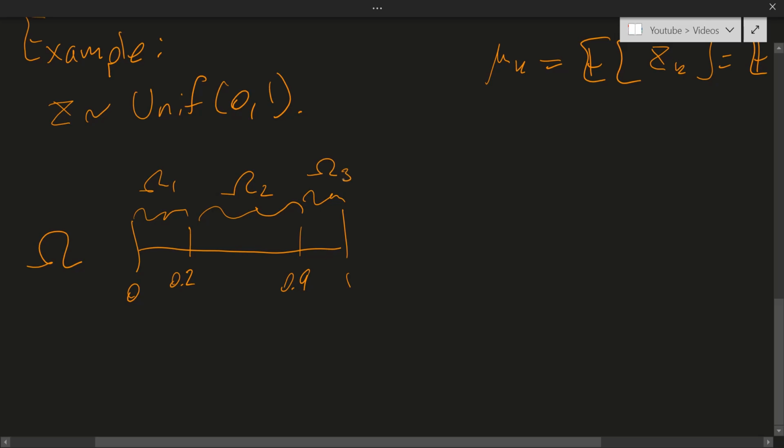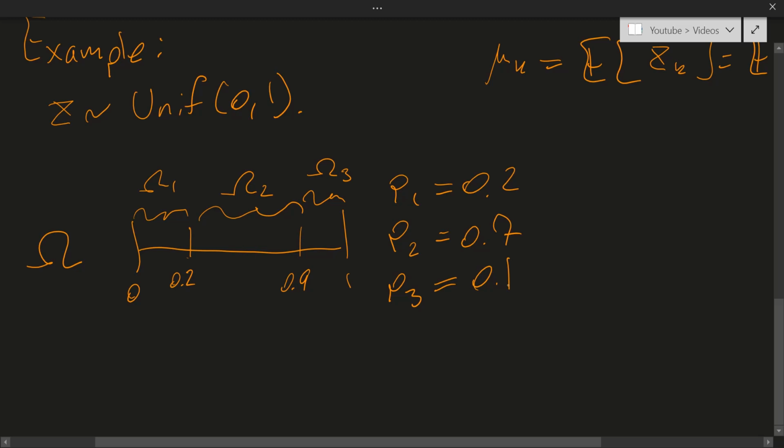Then in this case, p_1 will be equal to 0.2 because this is a uniform distribution and this interval is 1/5 of the entire interval. Similarly, p_2 has length 0.7 and p_3 has length 0.1.